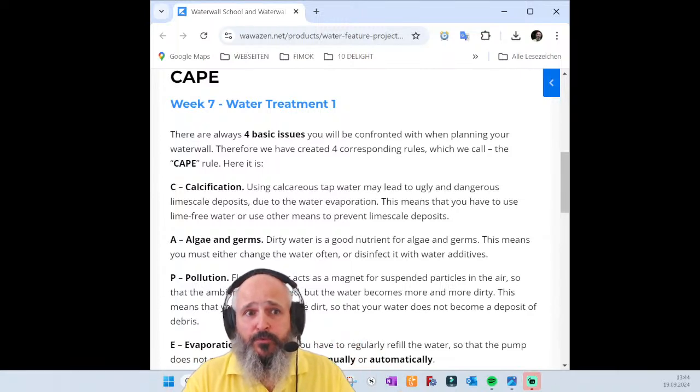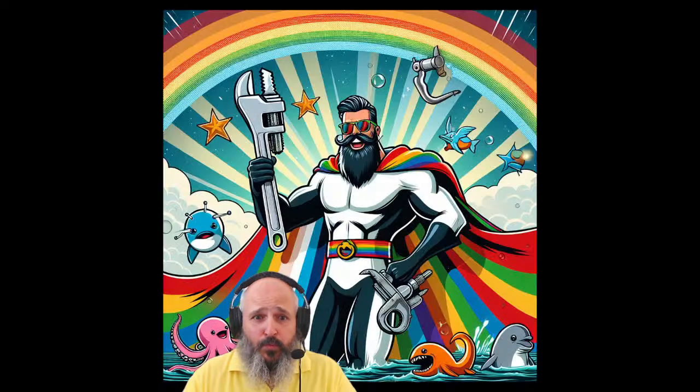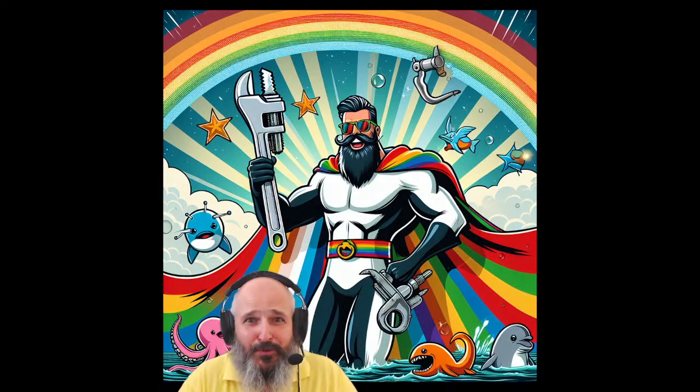So you have to have what I call a security overflow, which means if your swimming valve fails for some reason, and it can happen, then the water wouldn't exit onto the floor, it would be redirected safely to the drain. So this is what you need to know if you want to become an indoor waterfall superhero.